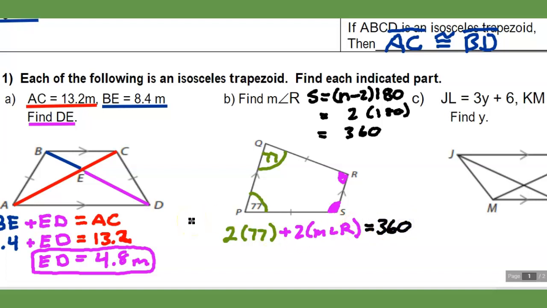And we can solve this and find out how many degrees each of those S and R are. So do a little arithmetic. 2 times 77 would be 154, I believe. All right. So really just subtract 154 from 360, and we'll have how much?